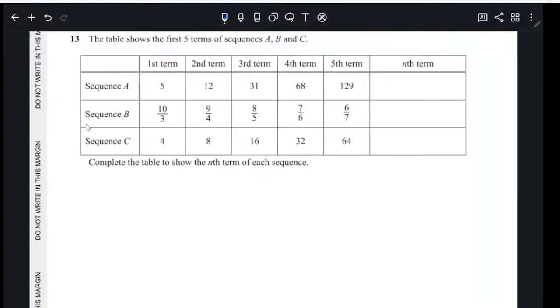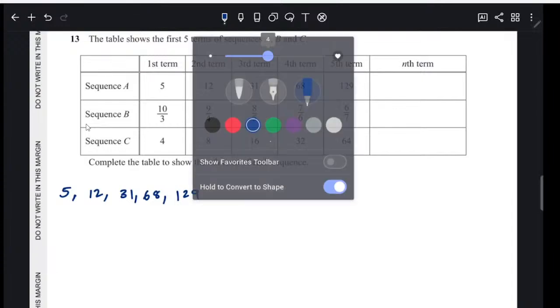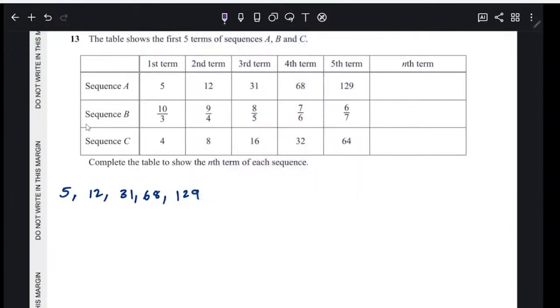All right, no problem. We start with sequence number 1: 5, 12, 31, 68, 129. Let's find the nth term here. First thing you do is the differences.